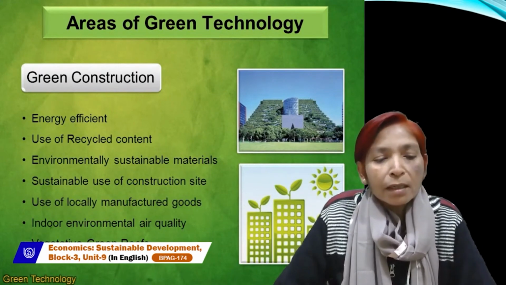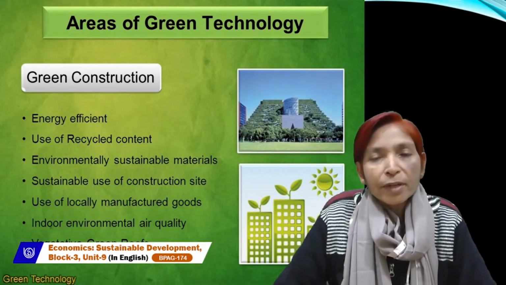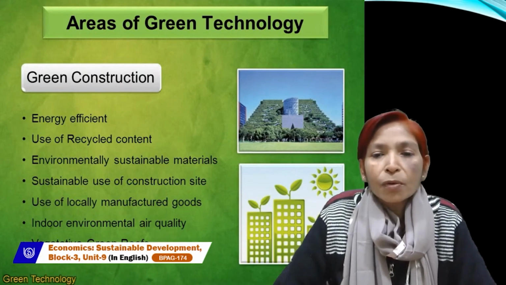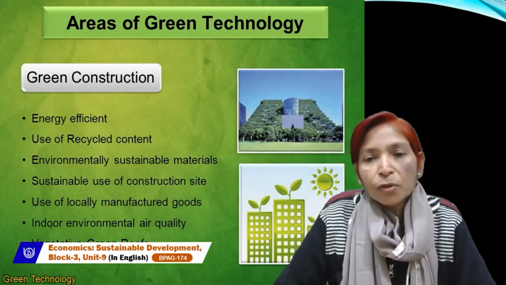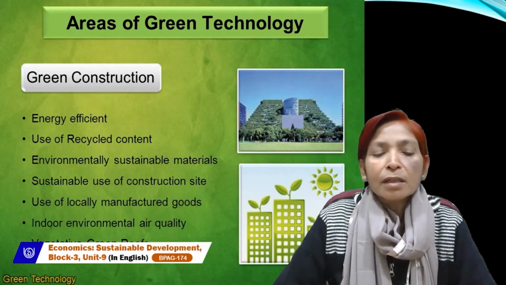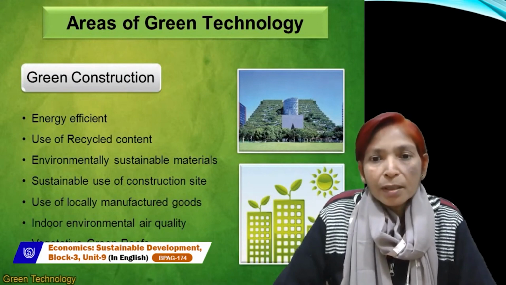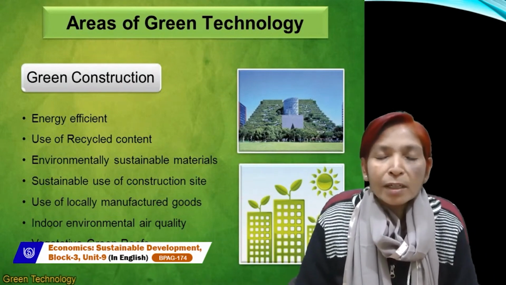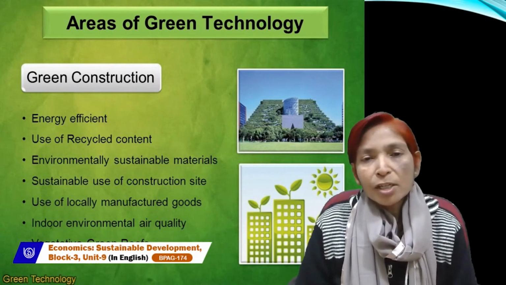Indoor environmental air quality should also be clean and fresh. And vegetative green roofs. Roofs may be green roofs. If all the roofs are vegetative and green roofs, then it will definitely help in the achievement of sustainable development.